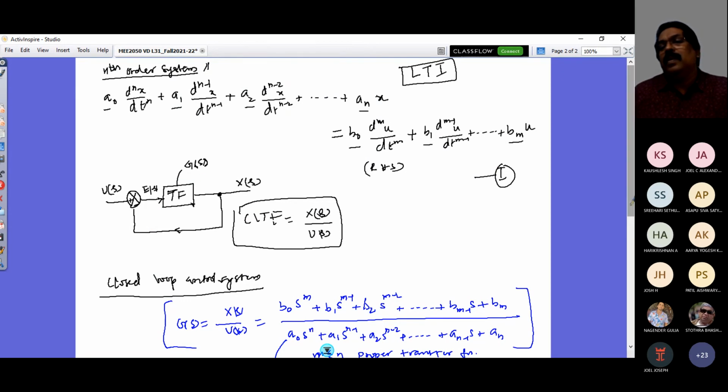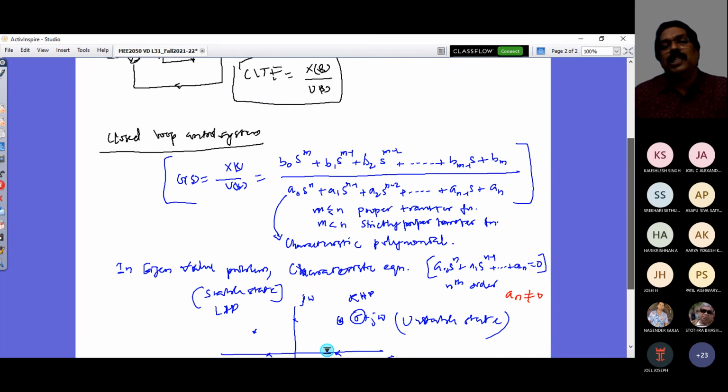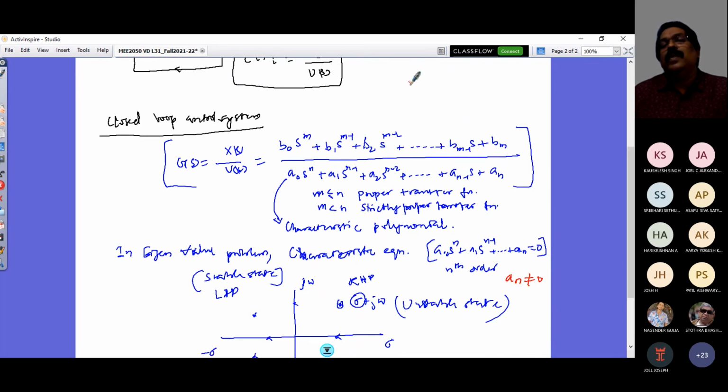And then looking at your closed loop transfer function of this governing equation, simply by taking the Laplace transform on both sides of equation number 1 with zero initial conditions, you were able to get the expression of your closed loop transfer function as a ratio of two polynomials, of order m and order n. And then we called it a strictly proper transfer function. The order of the numerator polynomial should be smaller than that of the denominator polynomial.